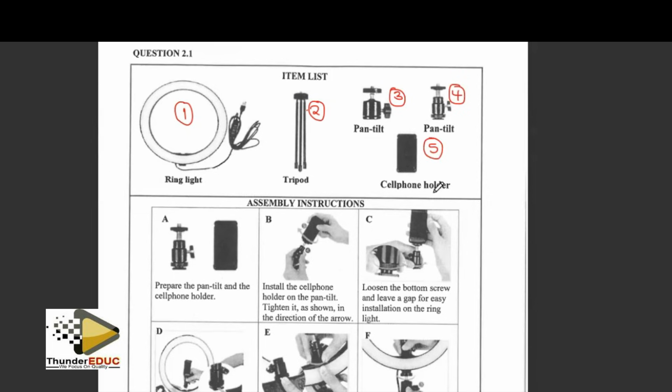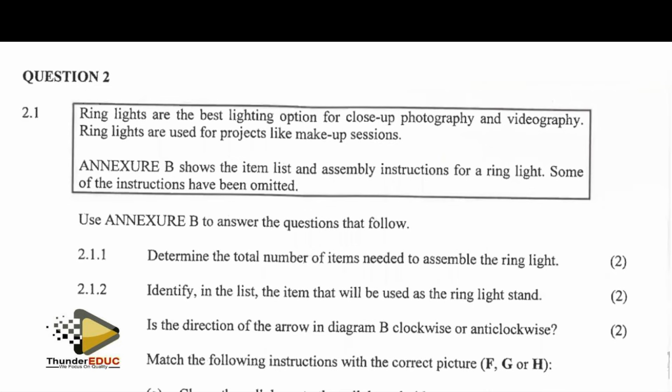Please, we don't count the cell phone because we don't see anything else. We just have a cell phone holder. So the answer is there are 5 items.